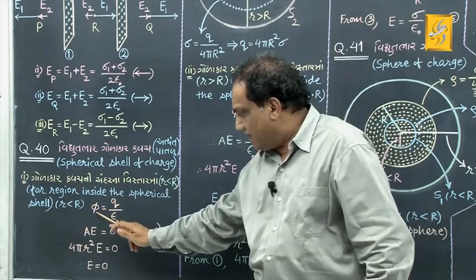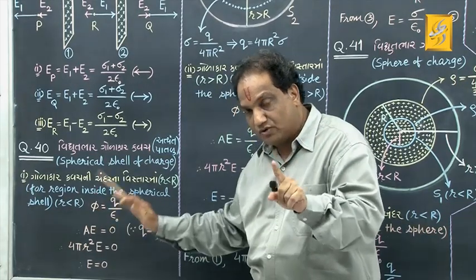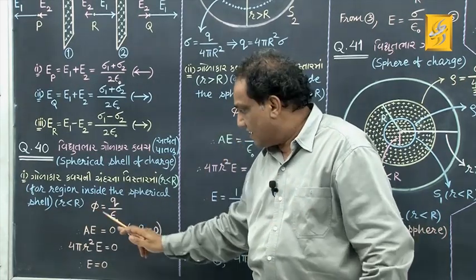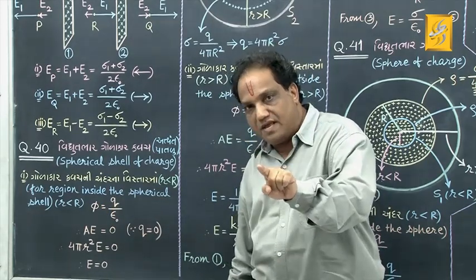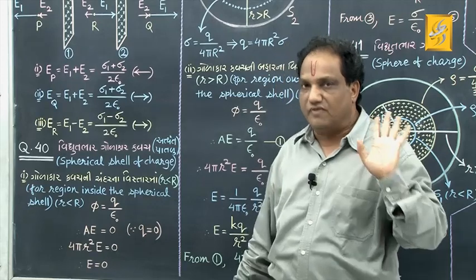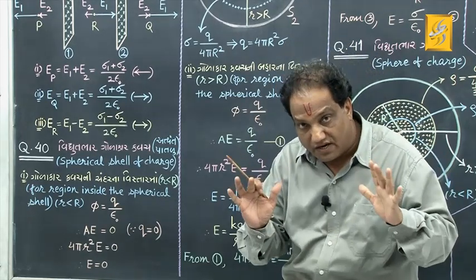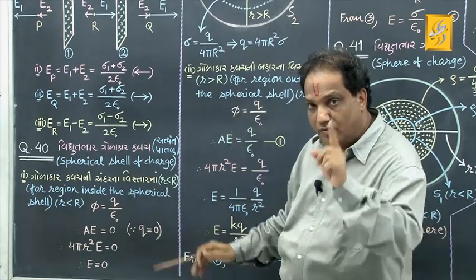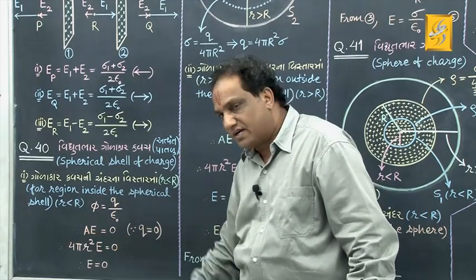Now what is phi, the electric flux? Just remember its formula in words, it will be useful to you in many places. Phi is electric flux. In words you can say it is surface area into electric field. For any radial electric field, which is the case here, you may use this formula: electric flux equals surface area into electric field.